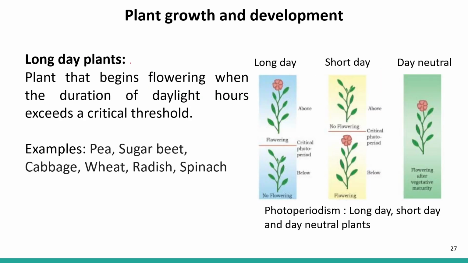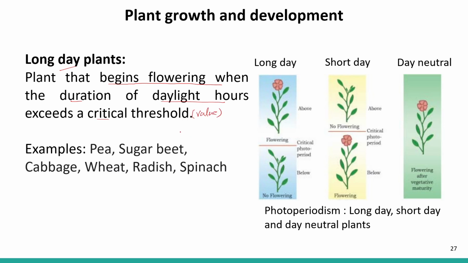Now let's talk about long day, short day and day neutral plants. So what are long day plants? Plants that begin flowering when the duration of the daylight exceeds the critical threshold, or you can say the critical value.